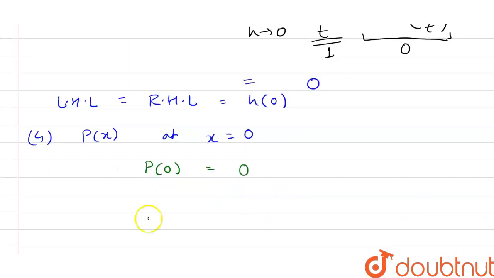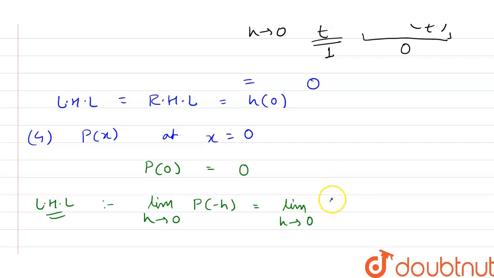Now again if we find the value of the left hand limit, we have limit h tends to 0 of p of minus h, which is equal to limit h tends to 0 of minus h into ln of cos of minus h upon ln of 1 plus minus h square.